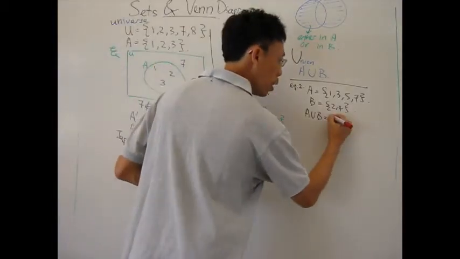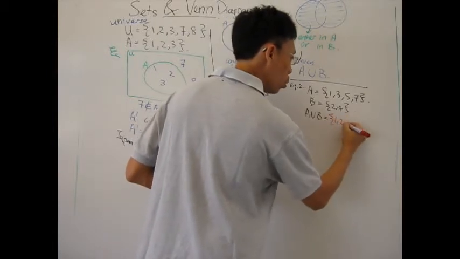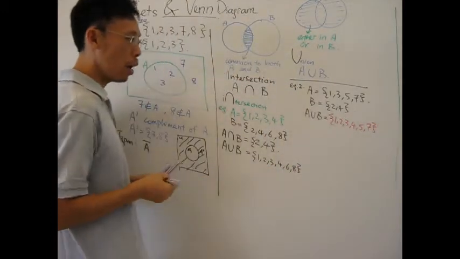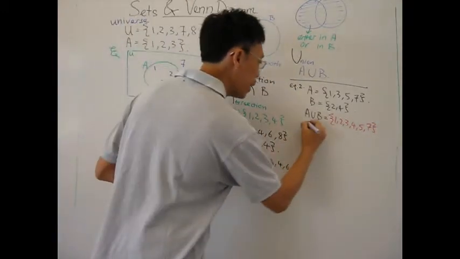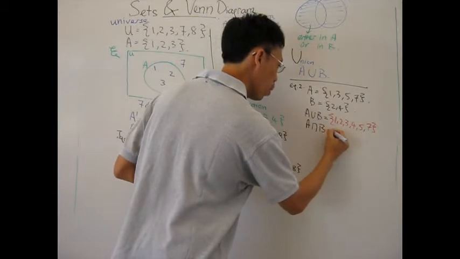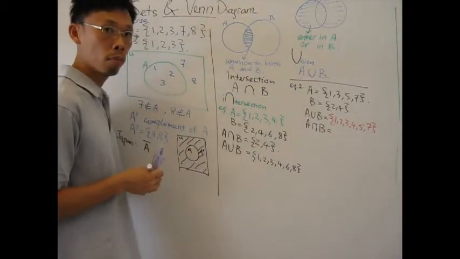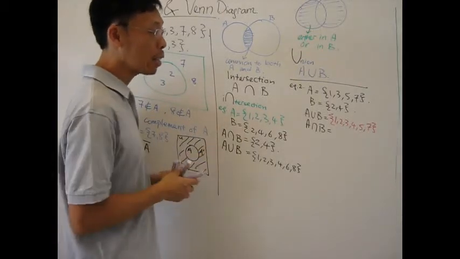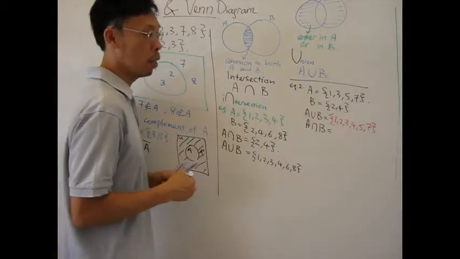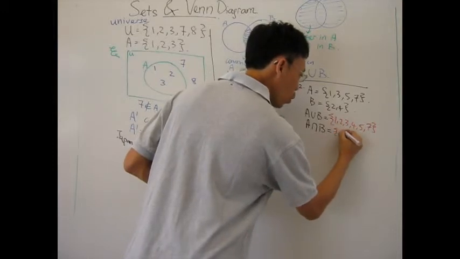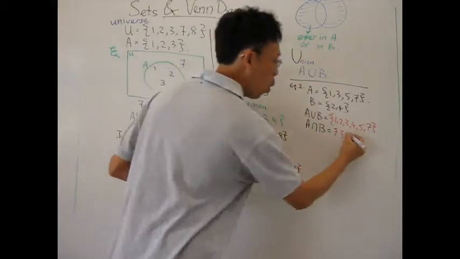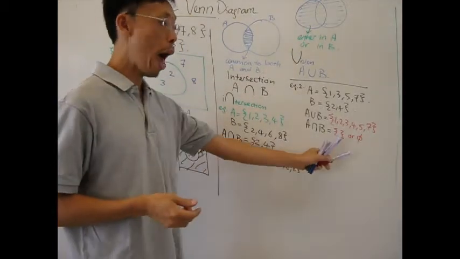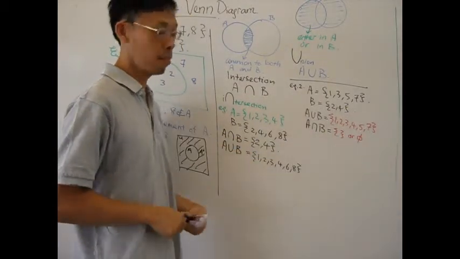Okay, good. The elements are 1, 2, 3, 4, 5, 7. How about A intersect B? What's the answer now? Good. Actually, there is no answer. There is nothing that is common to A and B. So in this case, we write this symbol for no elements, the empty set.